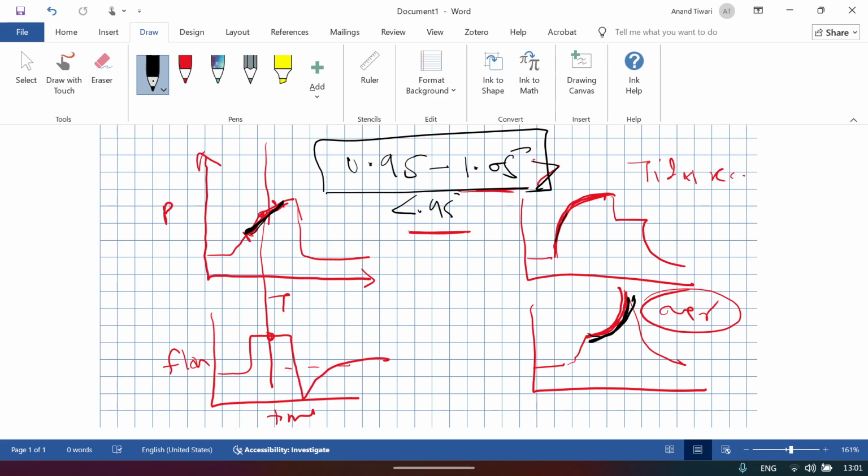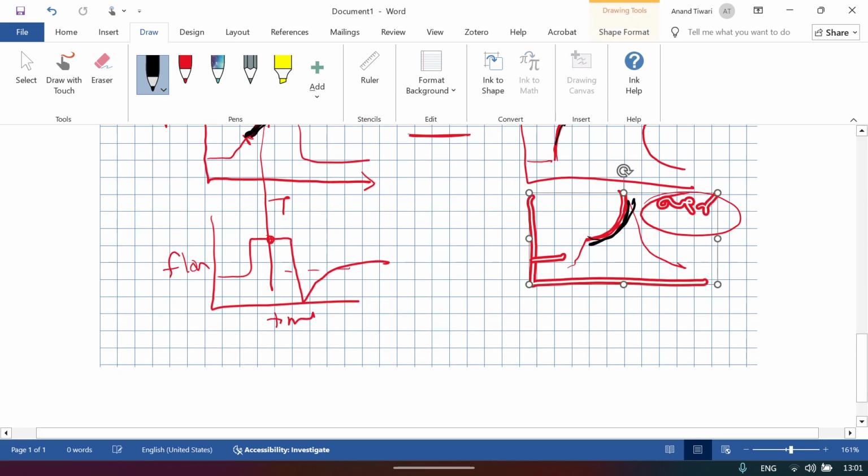If it is concave upward, then it is a sign of tidal recruitment, and if it is flat or normal, it is between 0.95 to 1.05. So this morphology you can also monitor on the pressure time curve.